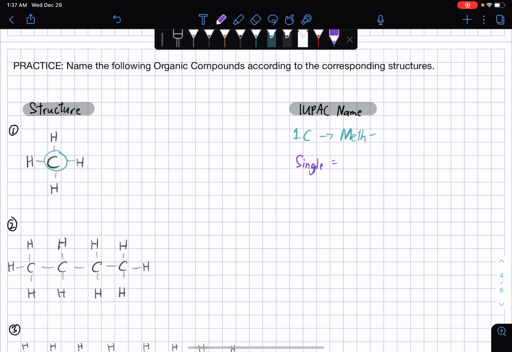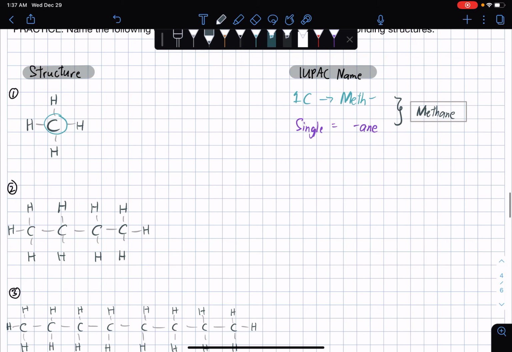The suffix is ane, so there is nothing else that we have to analyze. We combine the prefix and the suffix, and we get methane. Now, I suppose that this compound looks familiar to you. Methane. It's a type of gas.